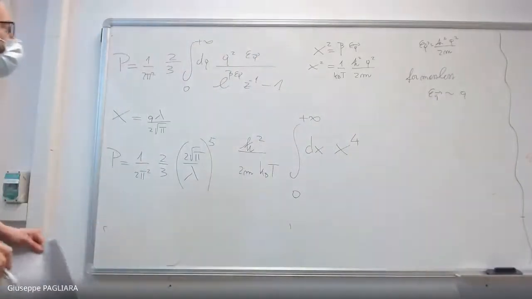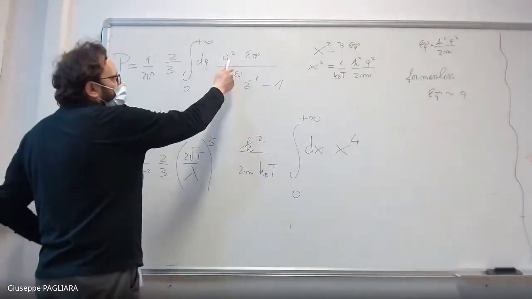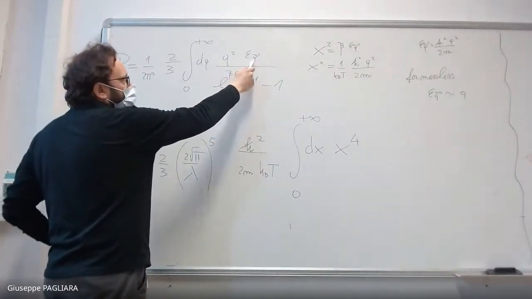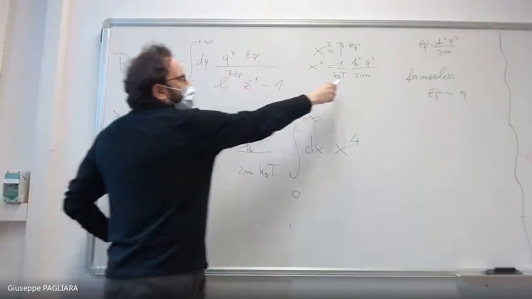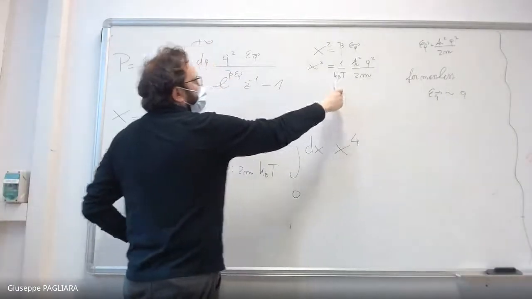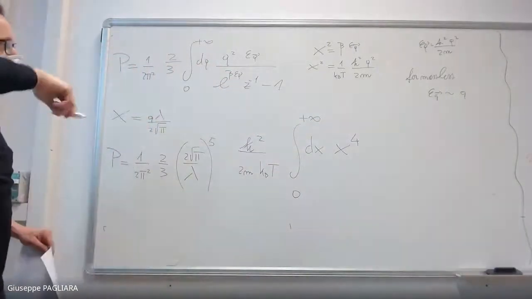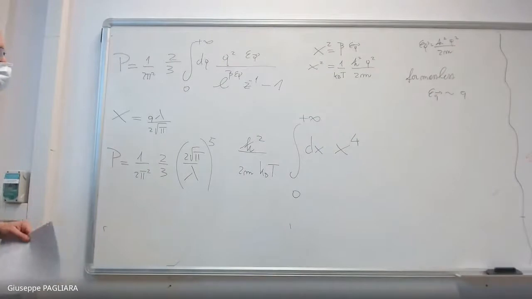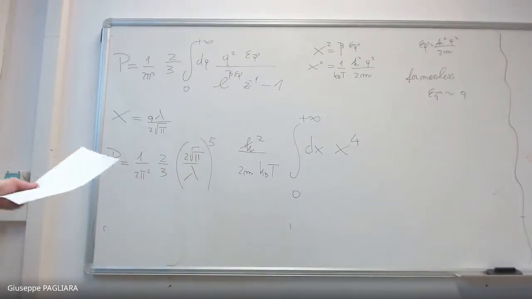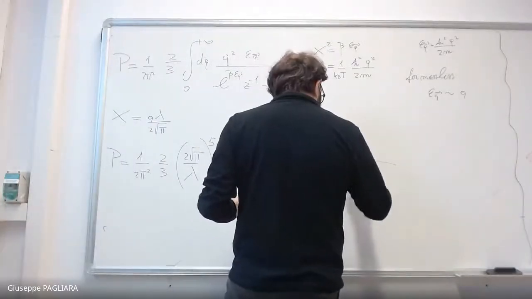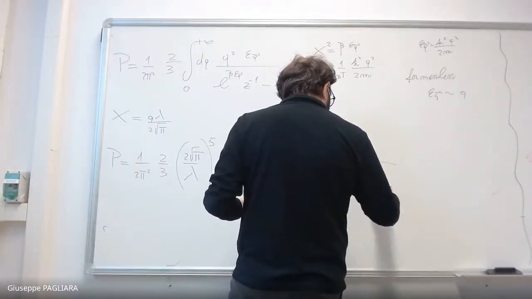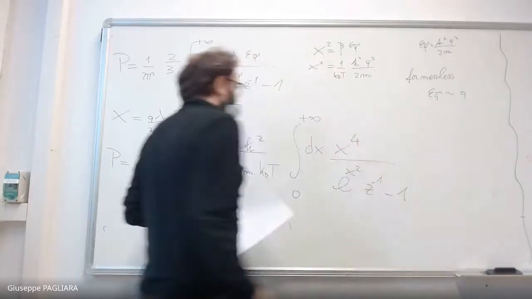One coming from this q squared and the other one coming from this q squared, but I have an additional 1 divided by 2m and the kBT to compensate. This is x to the fourth, then I have here e to the x squared z minus 1, minus 1.